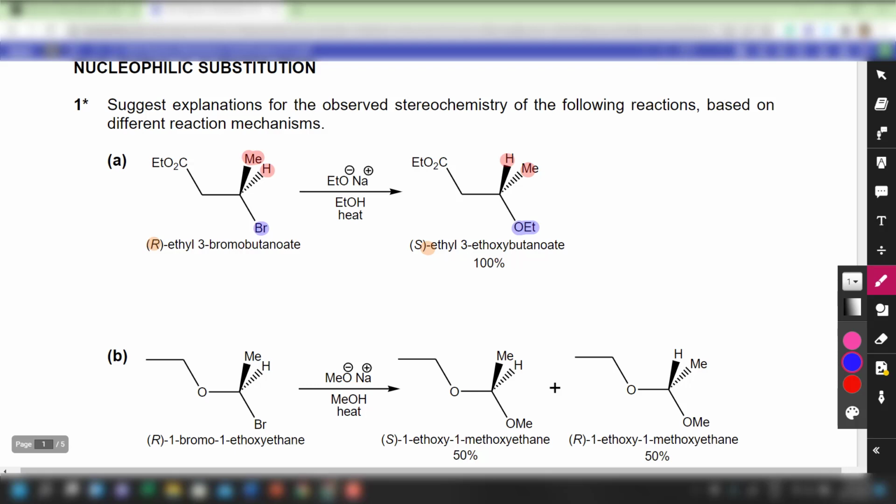The best way to look at inversion is to place the chiral center side by side with the rest of the groups in place, and then you see whether there's a swap in two of the key groups which you are comfortable looking at.